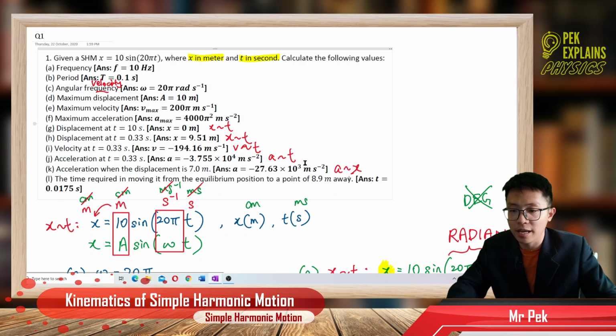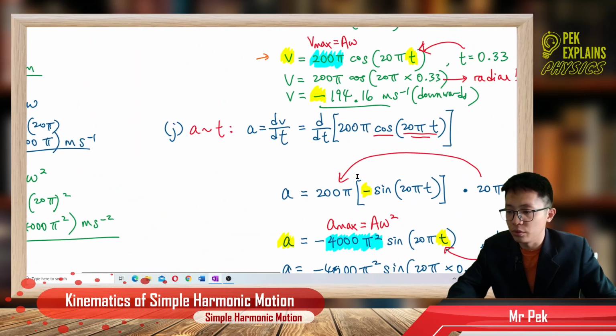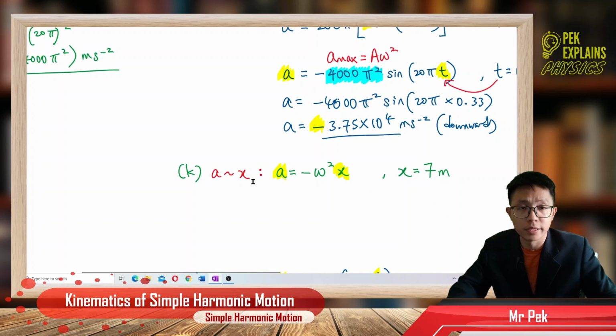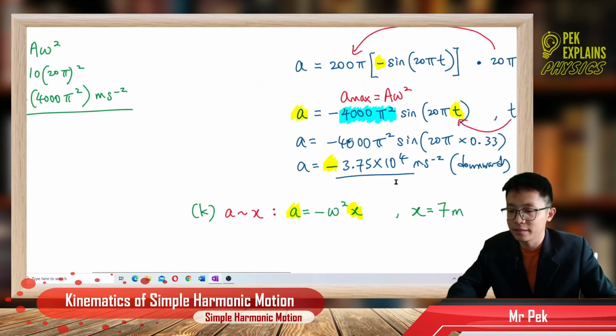Cannot use acceleration time. Must use acceleration displacement equation, which is the general formula: A equal to negative omega square x.